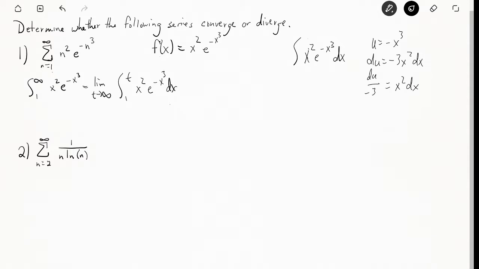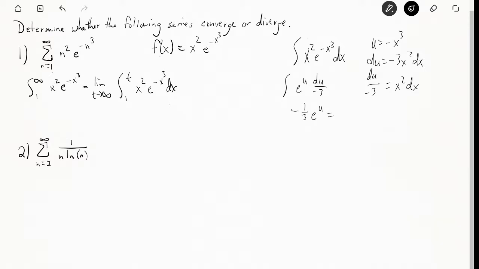Now if you don't like that method for finding antiderivatives using u substitution, let me know. I can go through it another way where we actually divide by the whole negative 3x squared and just cancel things out as well. But this leaves us with e to the u, and then we have du over negative 3. So you can pull that out in front, and so notice this is negative 1/3 e to the u, plus a c.